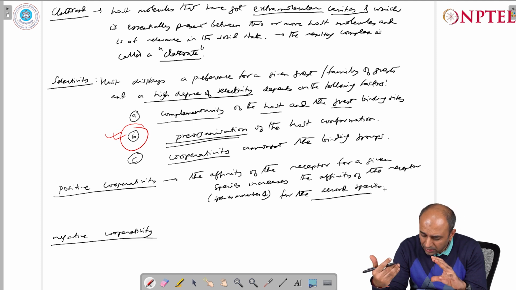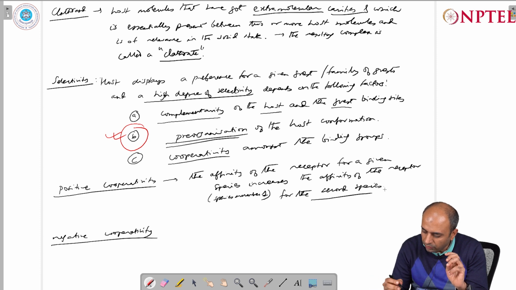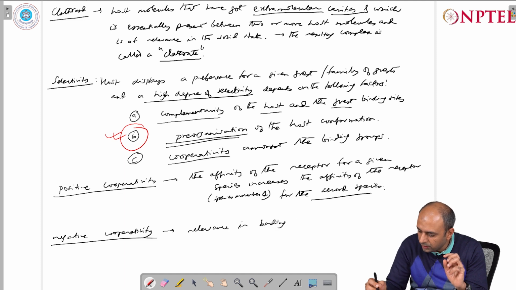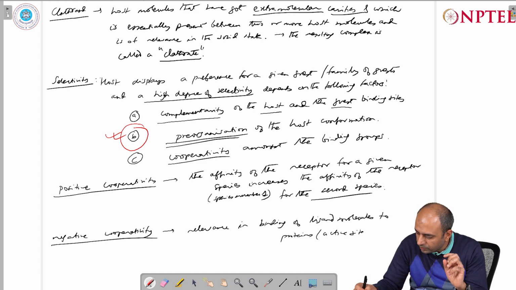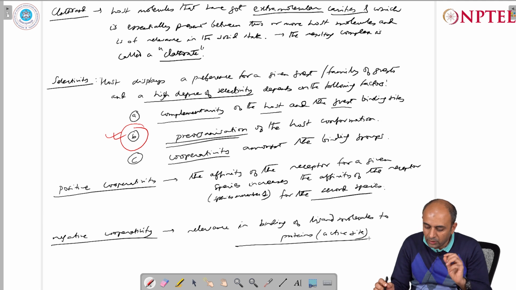And this particular positive cooperativity or negative cooperativity is of relevance in binding of ligand molecules to proteins, the active site. Okay.